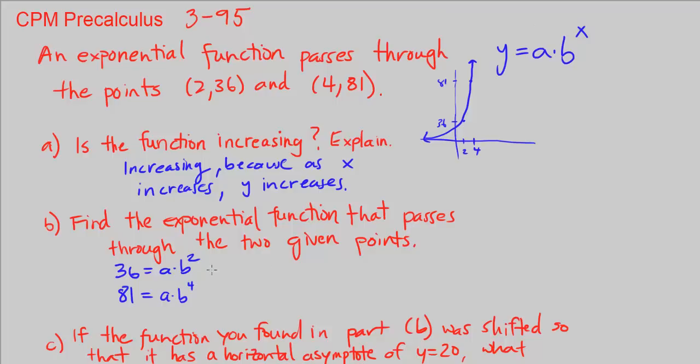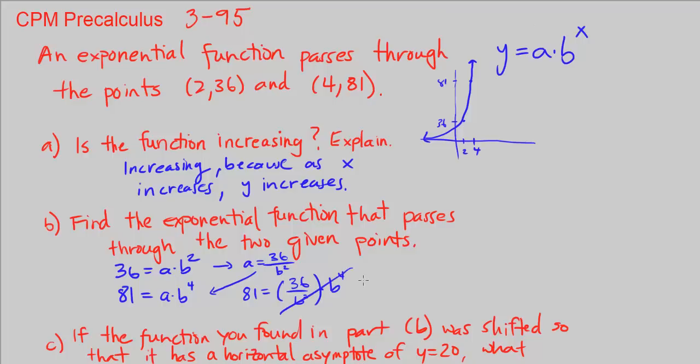Now I'm going to solve one of these equations for a. To solve this one for a, I divide both sides by b squared, so a equals 36 divided by b squared. Then I plug this value for a into the other equation. That gives me 81 equals 36 over b squared times b to the 4th.